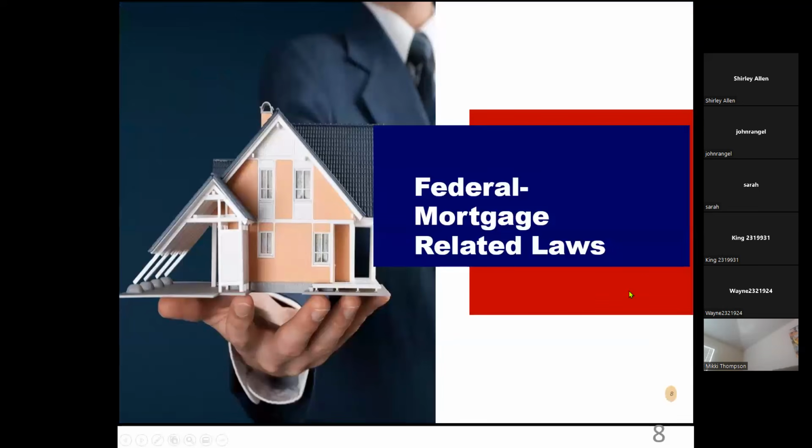We're going to start this morning off with the federal mortgage related laws. We're going to have a few breaks throughout the day. Even though I'm recording it, I'll figure out how I can stop it and have the person that's going to put it together for me just put it back together regarding the breaks and things of that nature. If you have some information regarding the chat, you can just type your information there.